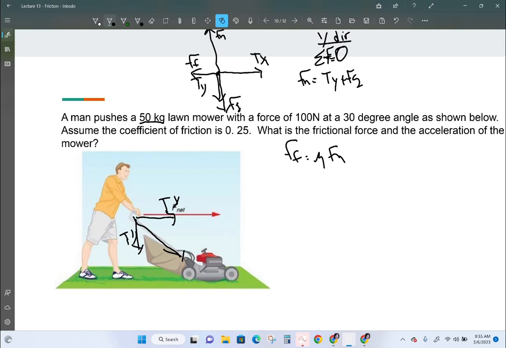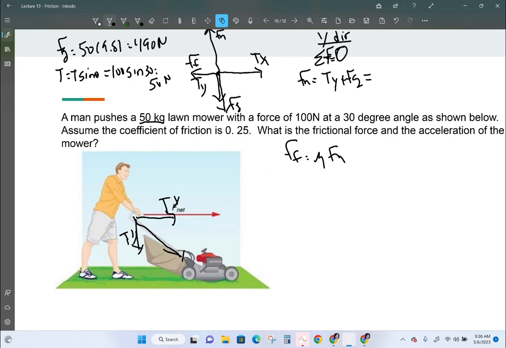Well, Fg is going to be 50 times 9.8, which is 490. And Ty is just going to be T sine theta, which is 100 times sine of 30, which is 50 newtons.